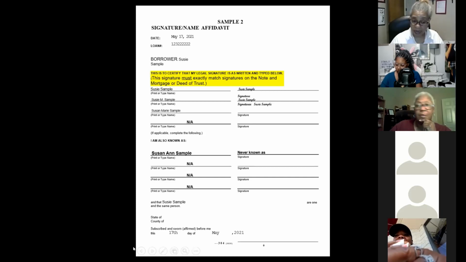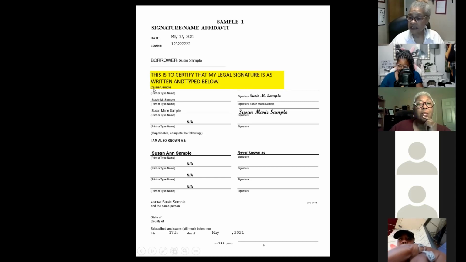Now, if you go back to the other example, her name is listed Susie Sample on her mortgage documents. However, the instructions for this one is that she is to sign exactly as her name is typed. And that would be, so it's typed Susie Sample. She's going to sign Susie Sample first.